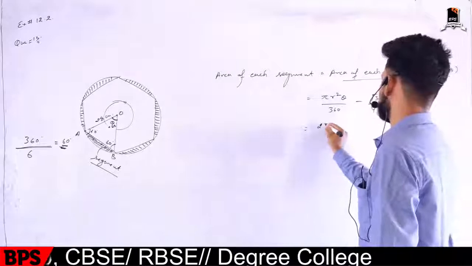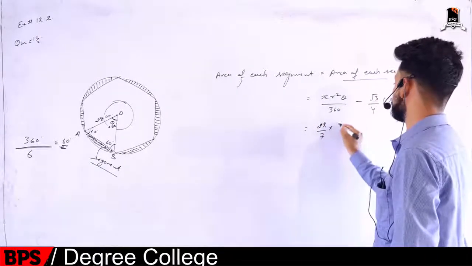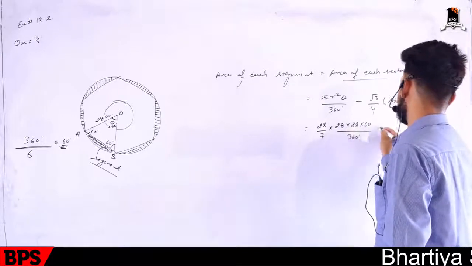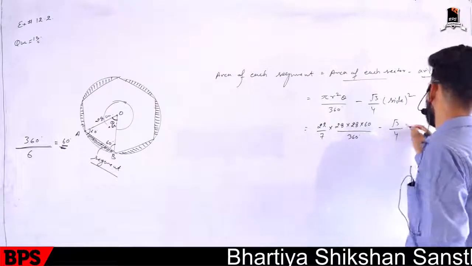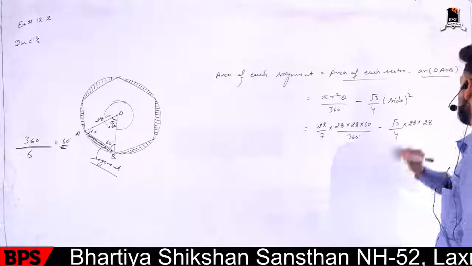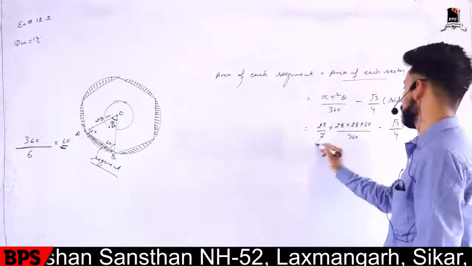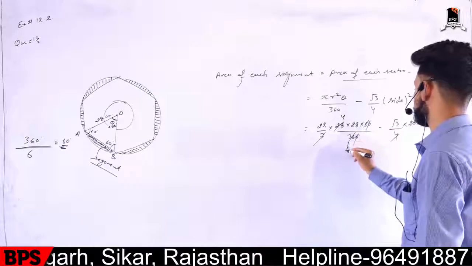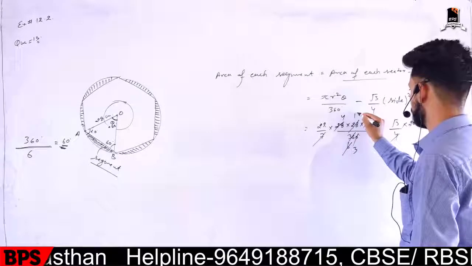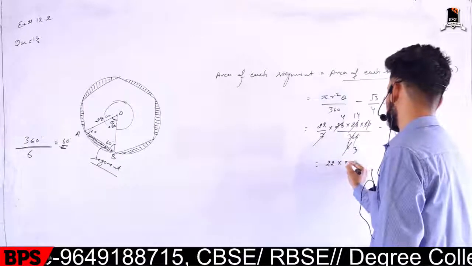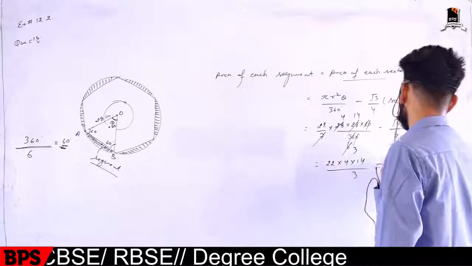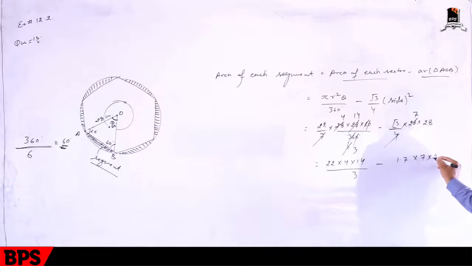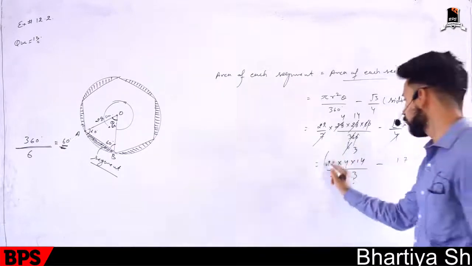So 22 upon 7 into radius 28 into 60 degrees upon 360 degrees minus root 3 upon 4 into 28 into 28. Now 4 cancels, 7 cancels, the zeros cancel, 6 cancels, 6 to 3 and 14. So 22 into 4 into 14 upon 3 minus 1.7, the value of root 3 being 1.7, into 7 into 28. That is the area of each sector.